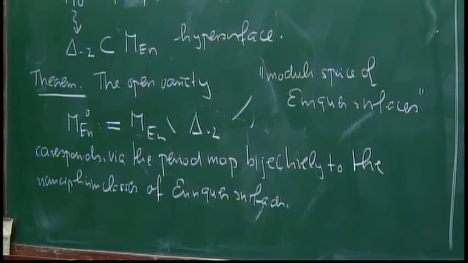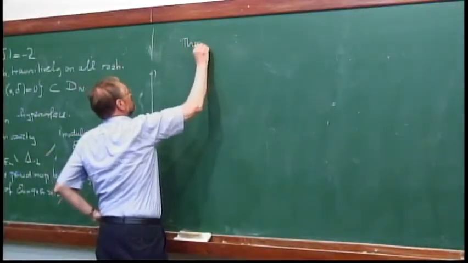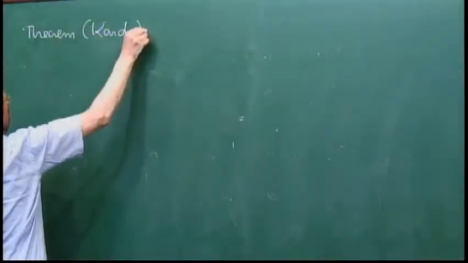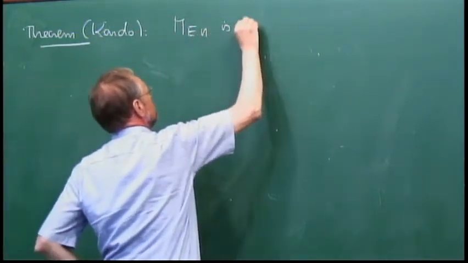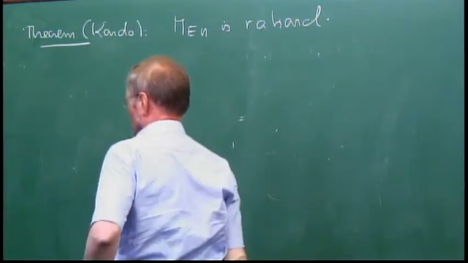Anyway, still an important variety, and we know something about it, and this is a result of Kondo, that this space is a rational variety.